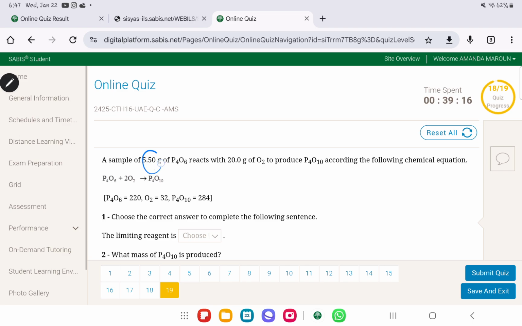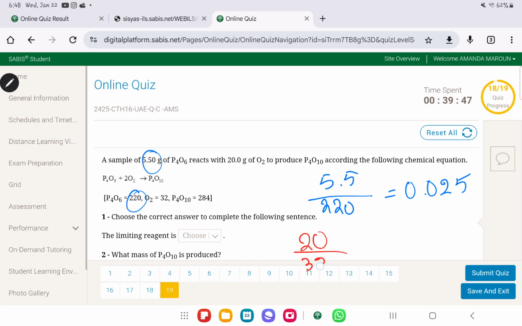Okay? Moving on to question number 19 and the last and final question. A sample of 5.5 grams of P4O6. So 5.5 divided by the molar mass of P4O6, which is 220, is gonna give us an answer of 0.025. Now, it reacts with 20 grams of O2, so 20 divided by 32.